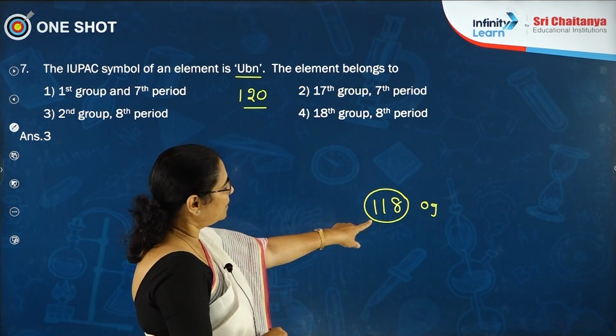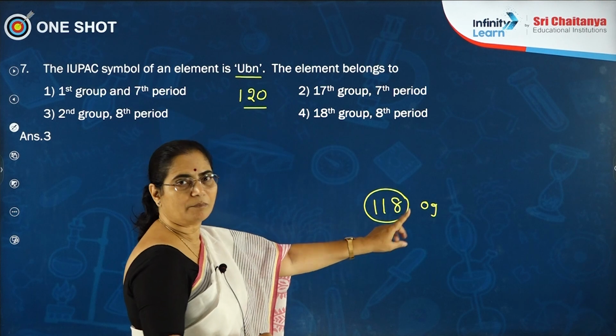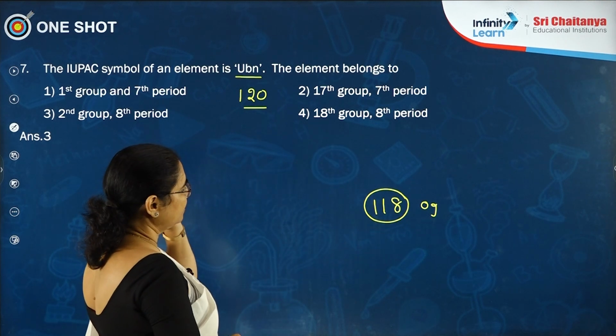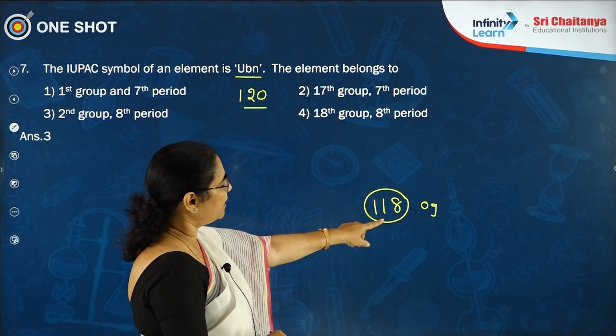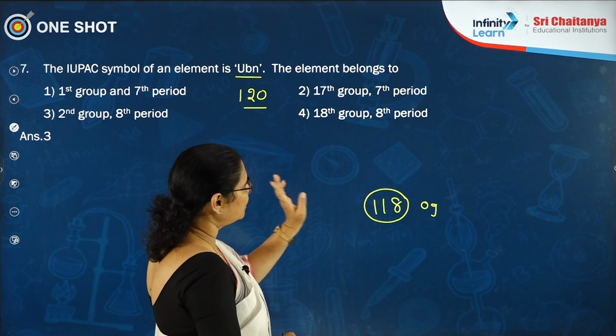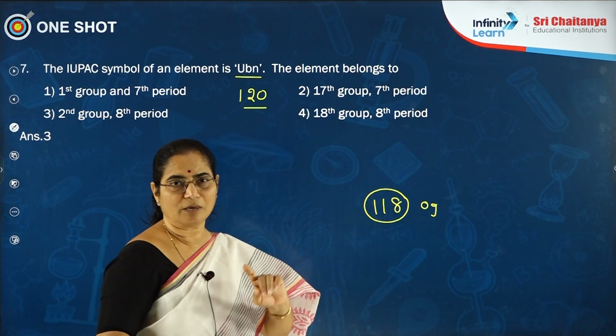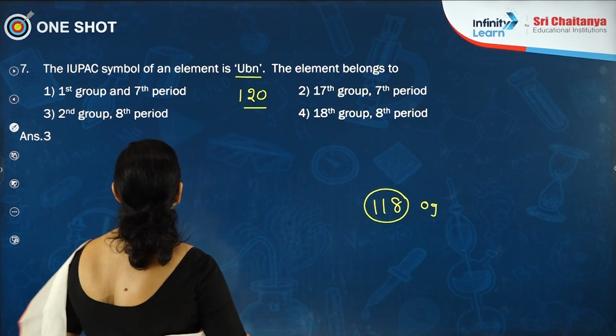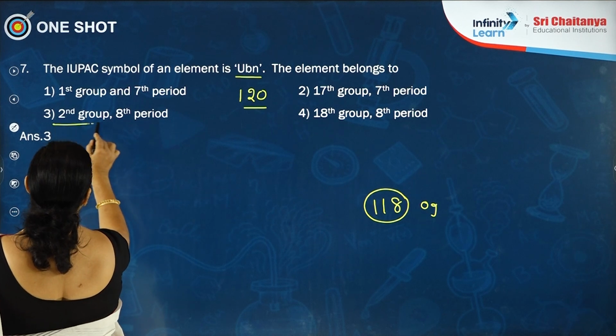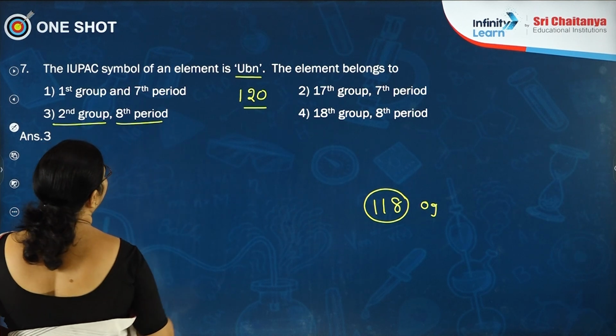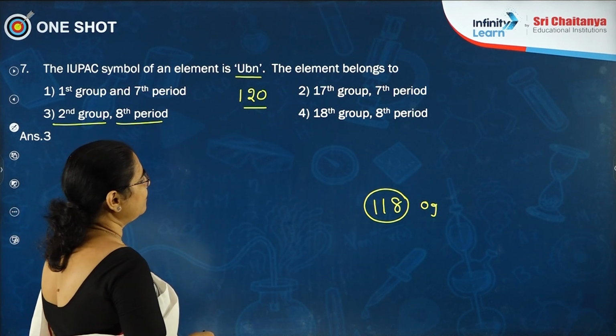After Oganesson, the next element, 119, belongs to group 1, s block. 120 also belongs to the s block, second group. So, it should be the second group, 8th period element.